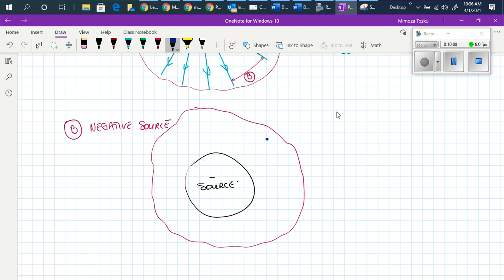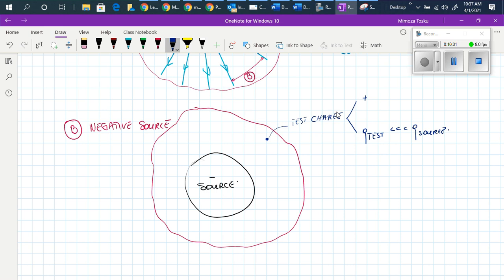In order to identify the configuration of the field, we will put a test charge. And remember what we said in terms of the test charge. It has to be always positive, and the magnitude is way, way smaller than the source.